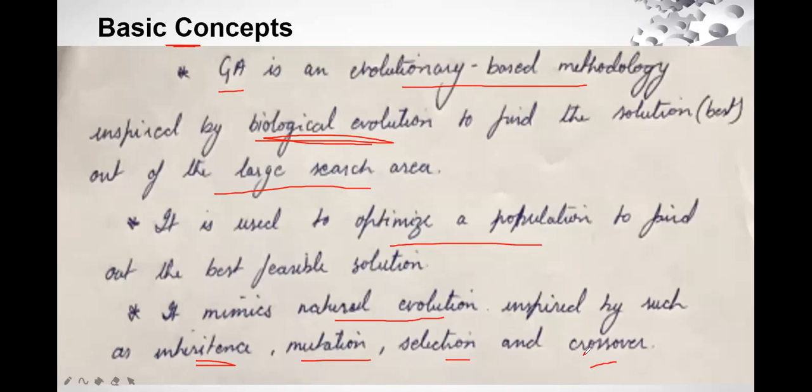That means the child is having certain properties which are of father and some properties which are of mother, so getting this as the crossover. So these are the natural characteristics based on which natural evolution is defined or inspired. So that is what we are going to work on with the genetic algorithm also.